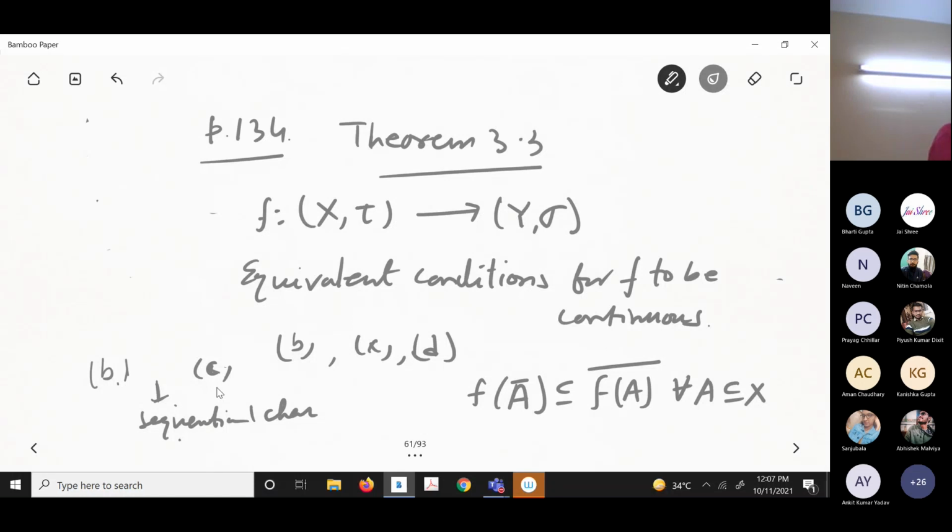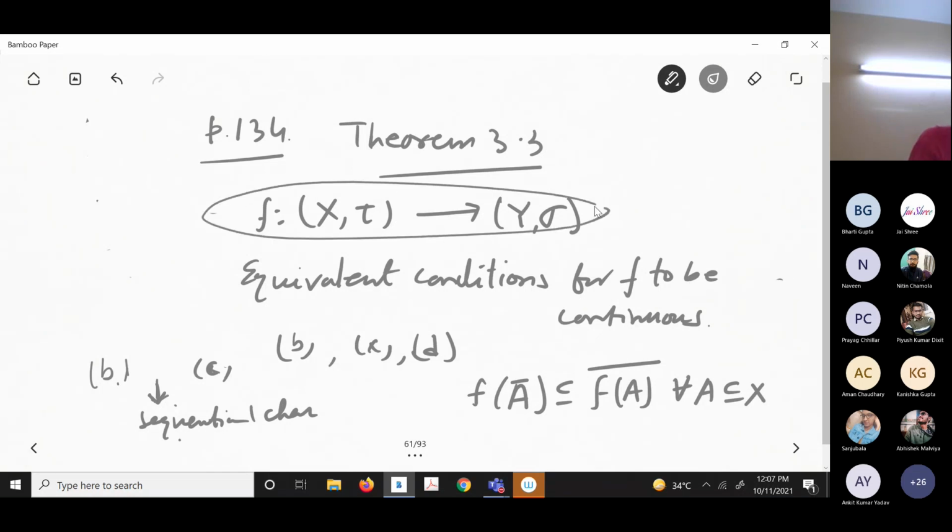Okay. So sequential characterization in general is not possible in general topological spaces. It is not actually a problem with the function or topology or topological spaces. This is actually a problem with the sequential characterization.